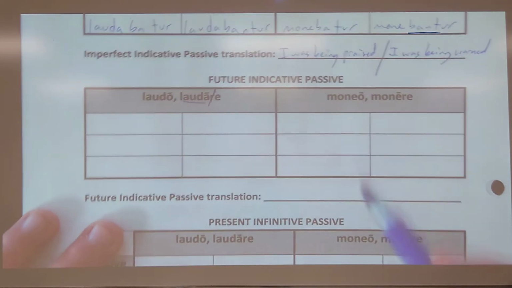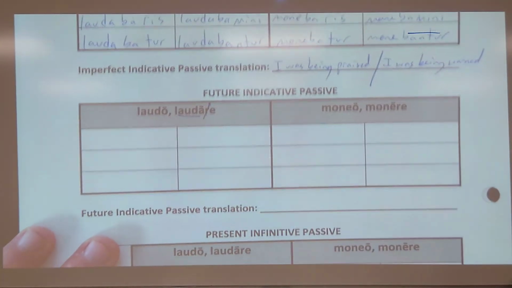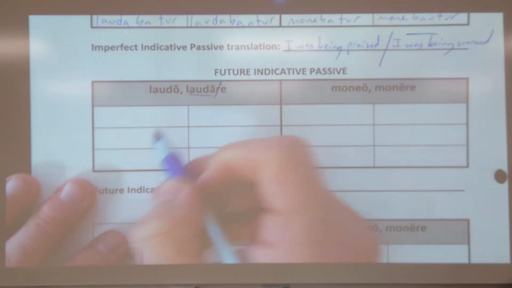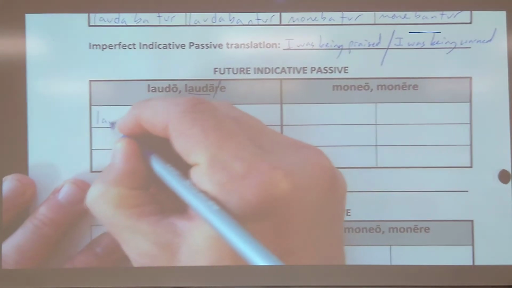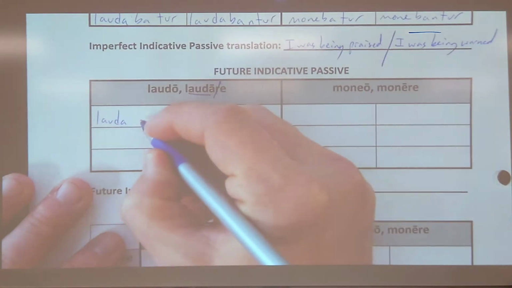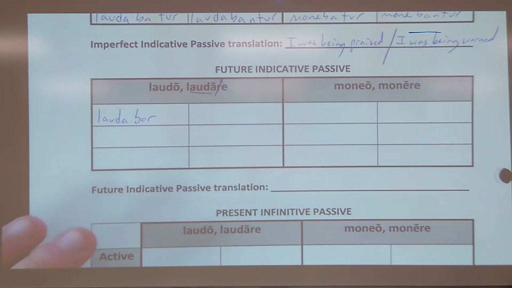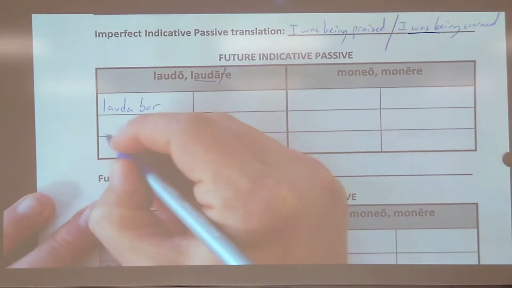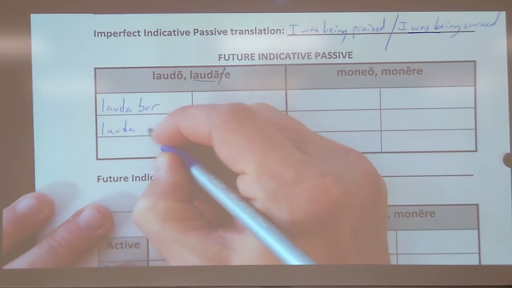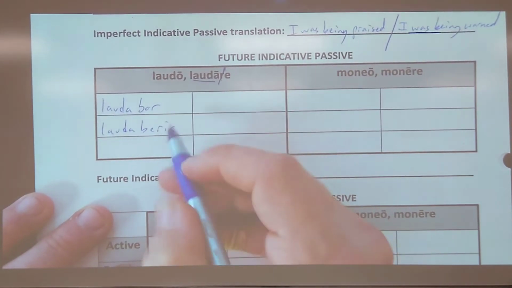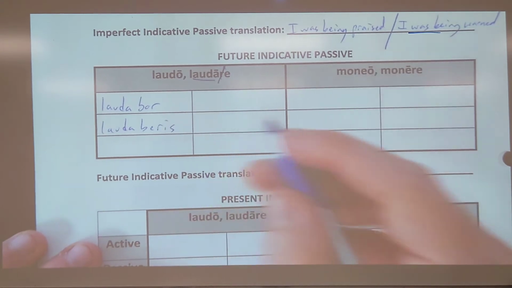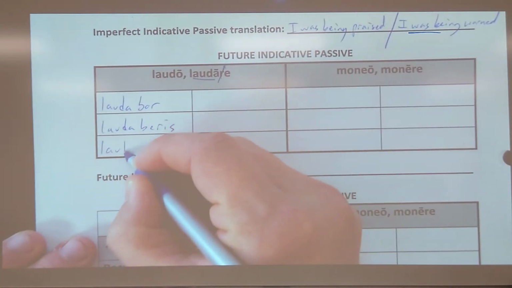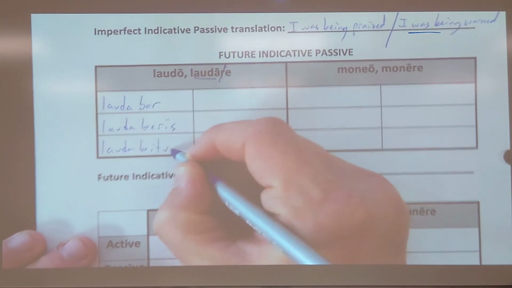Okay? For some of them, we could do it that way, but let's go ahead and go through and show what it looks like. So we have our stem, lauda, and then for the future, bor, lauda bor. Second person, we have lauda beris, B-E-R-I-S. Okay, and then lauda bitur.